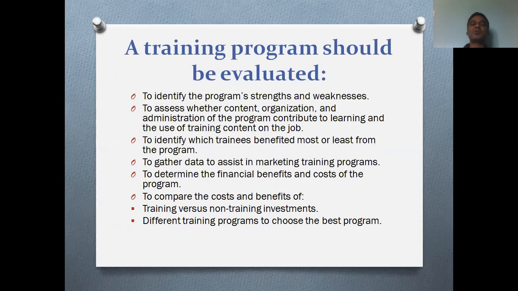And why should the training program be evaluated? The first reason is to identify the program's strengths and weaknesses. Also, to assess whether the content provided by the organizers is effective, and whether the administration of this training program is effective. The most important thing is to identify the trainees' benefit, whether they have really benefited from the training program.